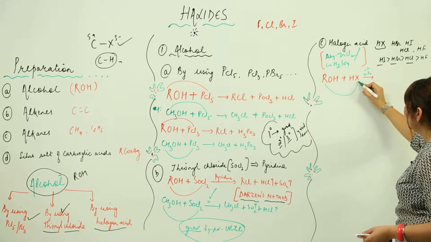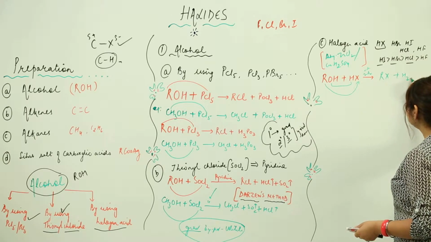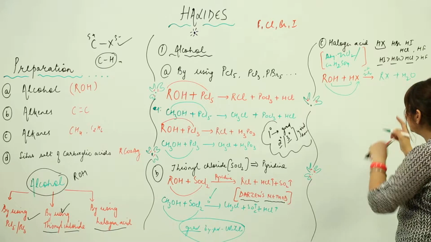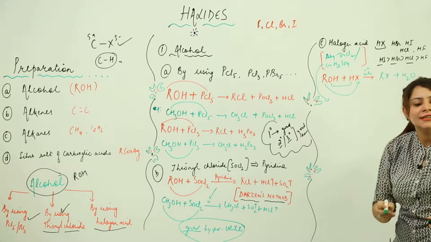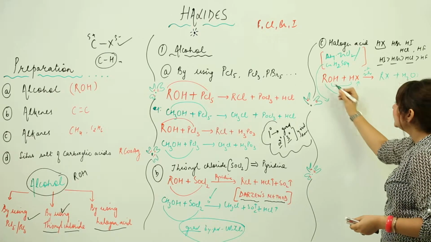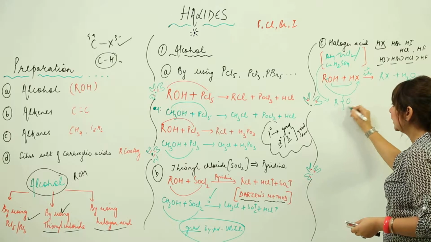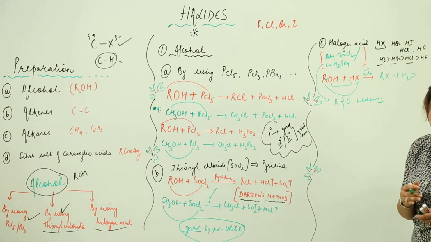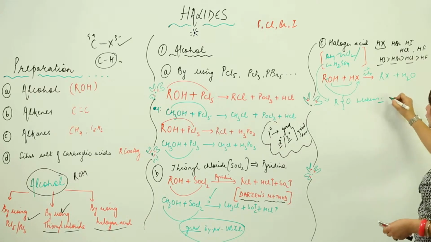This R will combine with this X and the H and OH will combine to form water, because this will absorb the water. Moreover, anhydrous ZnCl2 and concentrated H2SO4 weaken this bond so that the product is formed. So this is the reaction.